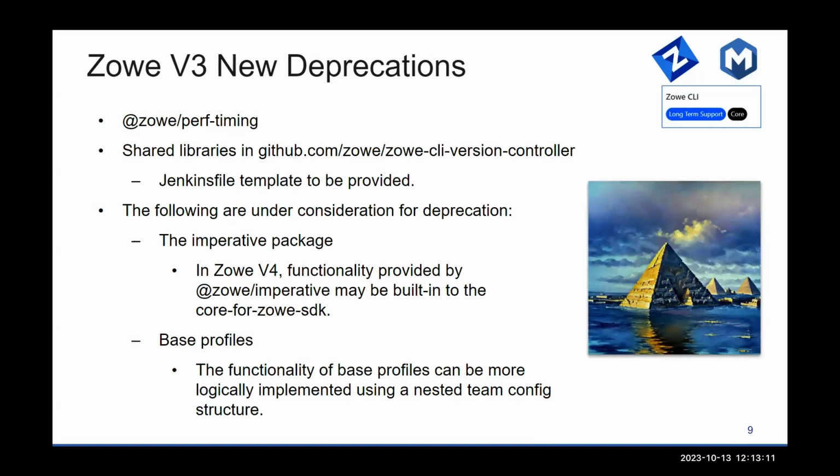Now, in terms of new deprecations for V3, well, let's just run through it. So the Zowe perf timing library is a node package used for performance timing. Alternatives exist, I believe, that are more standard for node applications.